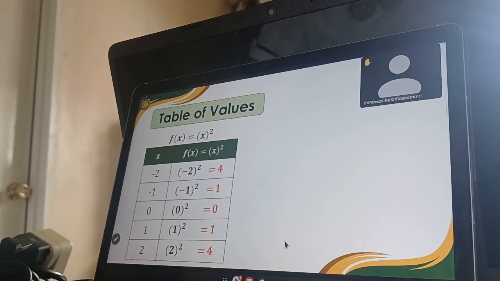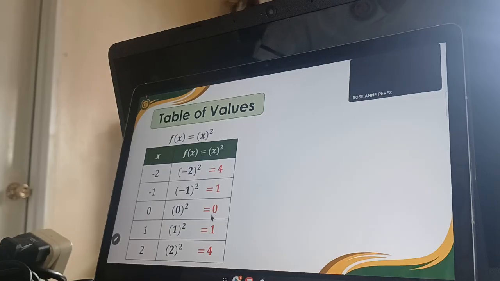Now, if you're going to graph this one, your coordinates will be negative 2, 4, negative 1, 1, 0, 0, 1, 1, 2, 4. Now to have its reflection, we will have the equation negative f of x equals negative x squared.